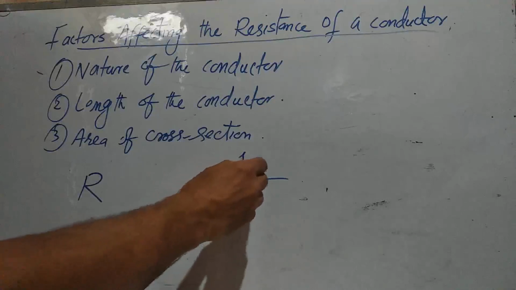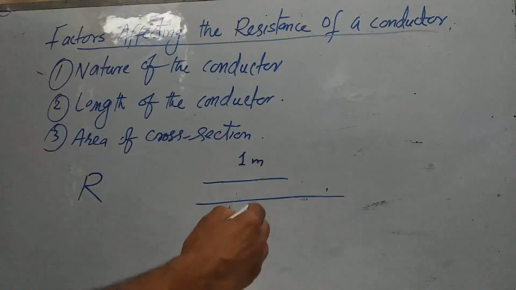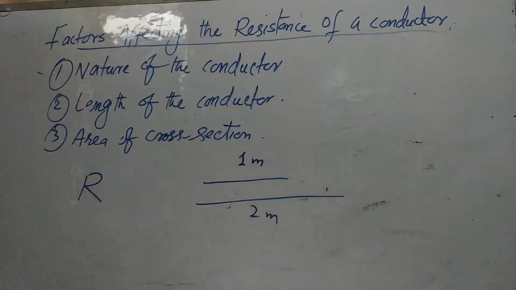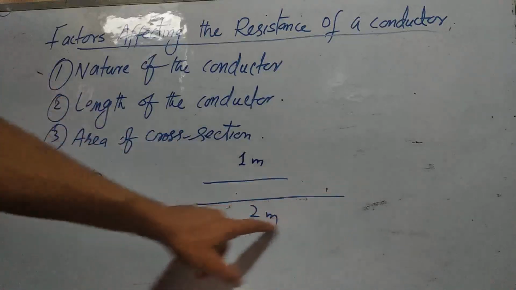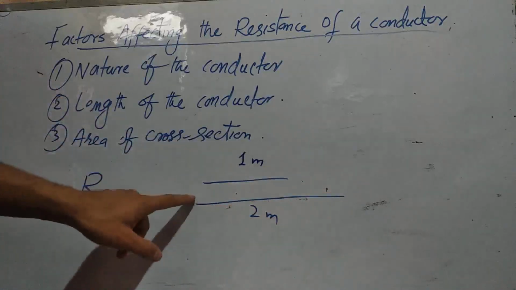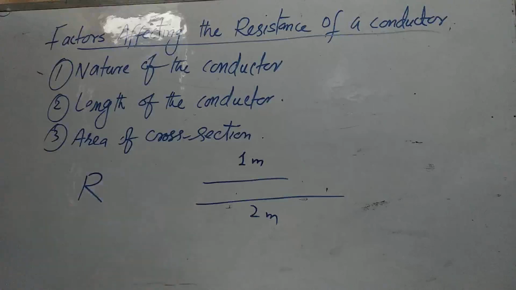If I bring a 2 meter length copper wire, the resistance will be more here. That means this resistance increases with the length. So it is directly proportional to the length of the conductor. As the length of the conductor increases, the resistance also increases.